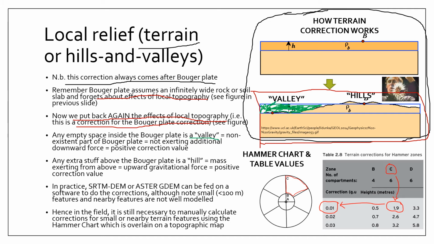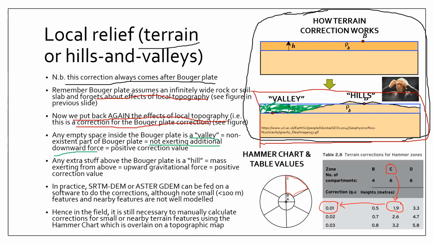Okay, so all the stuff that is non-existent in the Bouguer plate is a valley. And the thing is, a non-existent material is not exerting any additional downward force.